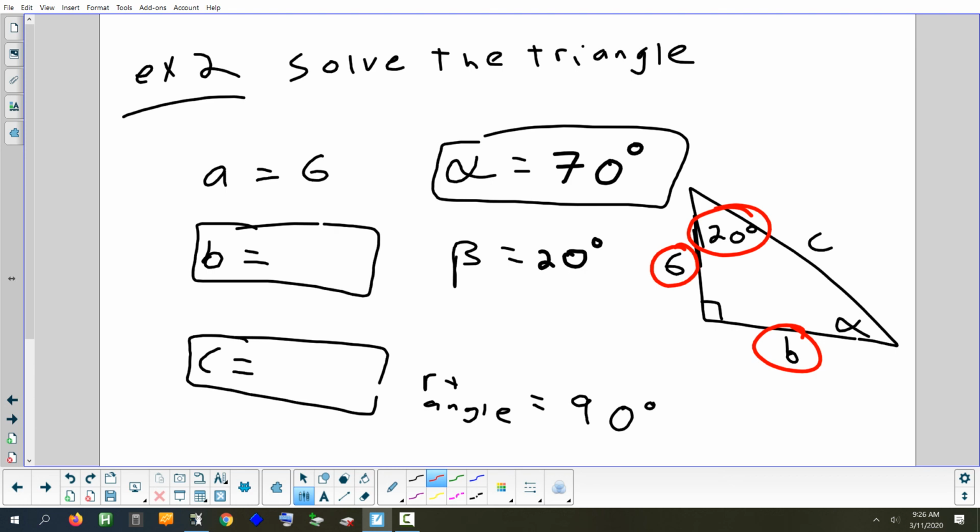So Jay, what's B? Opposite. And Sam, what about 6? Yep, adjacent. And C, it's the one label you should never really have to think about. It's always your hypotenuse.